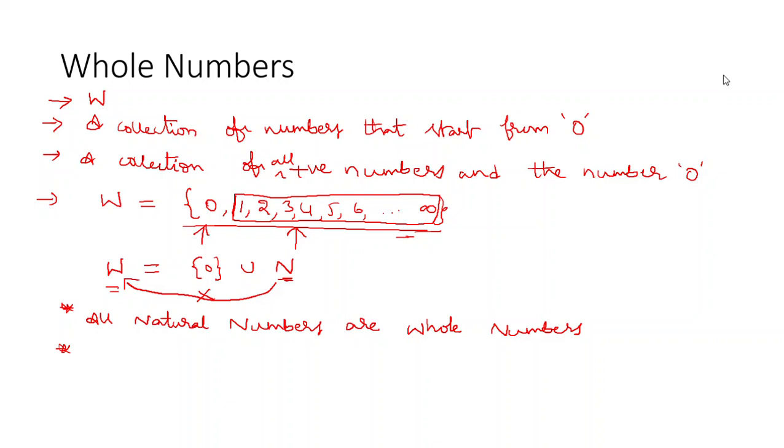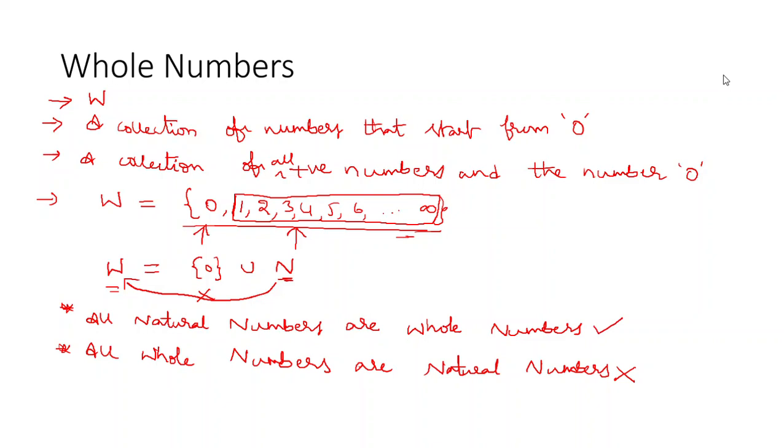That's why we cannot say all whole numbers are natural numbers. This statement is false, and the statement that all natural numbers are whole numbers is true.